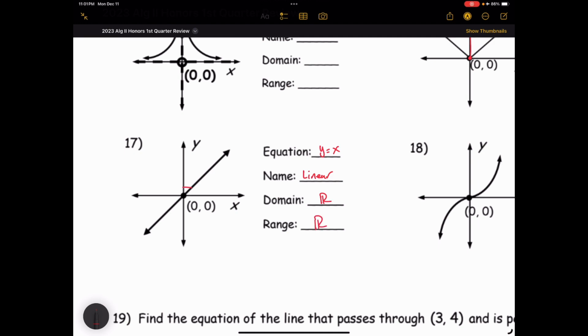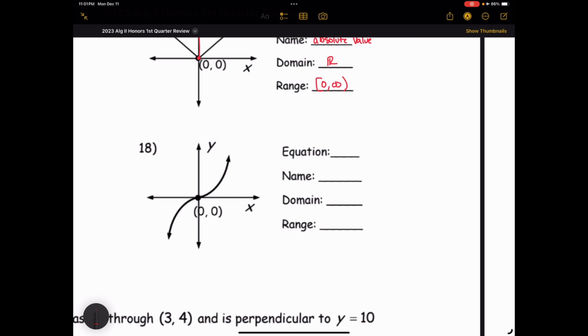Because no matter what y we pick, it has a specific y value. Number 18. This is going to be x cubed, or a cubic function. The domain for this, again, all real numbers. Range, you guessed it, all real numbers.